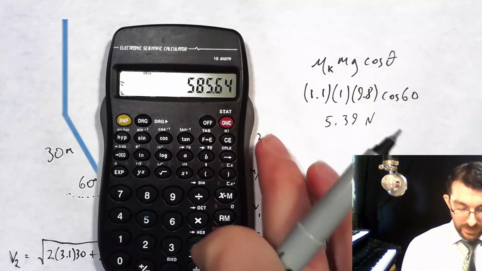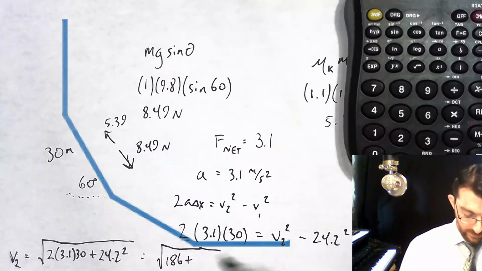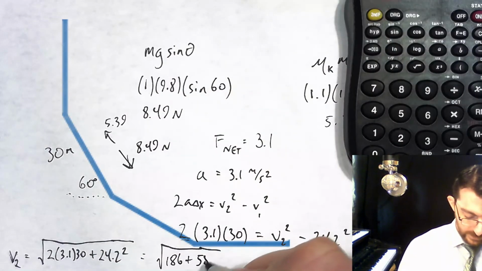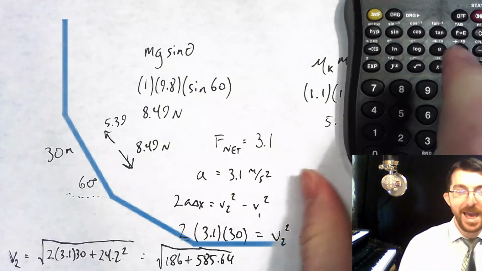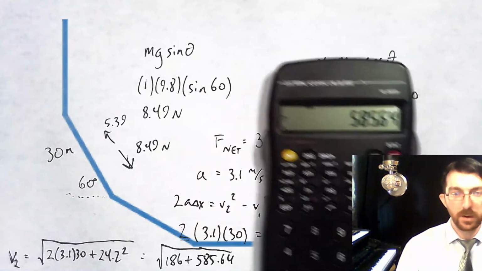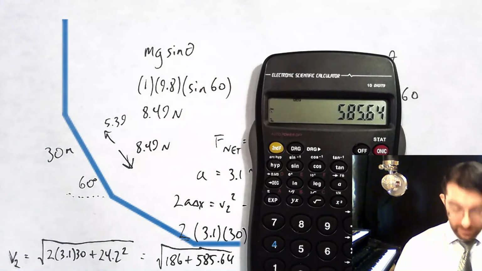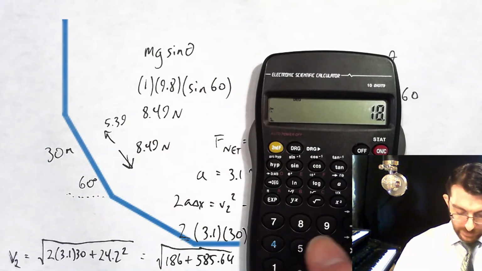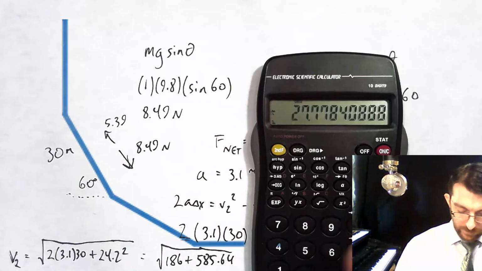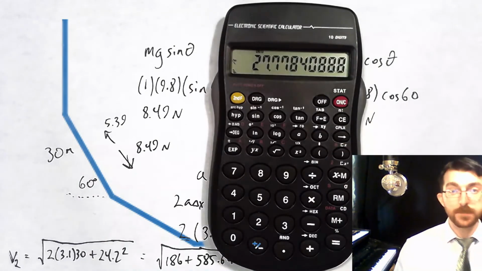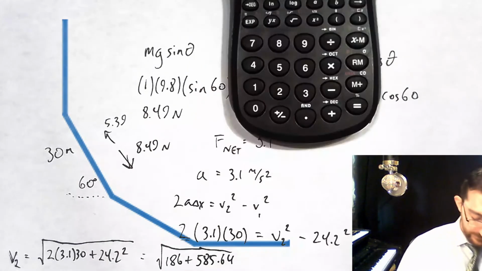Woo! 585.64. Okay, so if I add 585.64 and 186, and then I take the square root, that's my new velocity, 27.8.